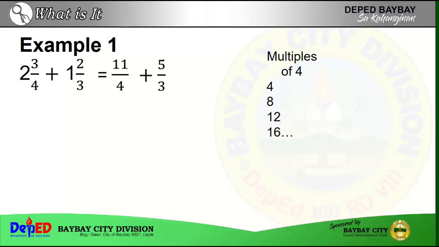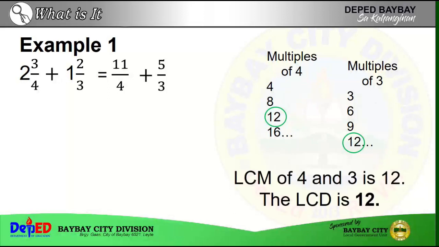For multiples of 4, we have 4, 8, 12, 16, and so on. For multiples of 3, we have 3, 6, 9, 12, and so on. As we observed, the least common multiple of 4 and 3 is 12. So our LCD is 12.